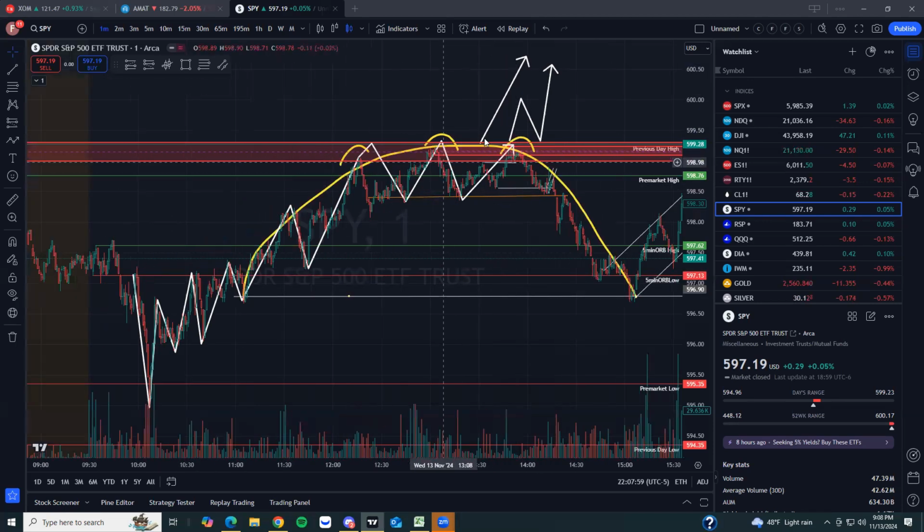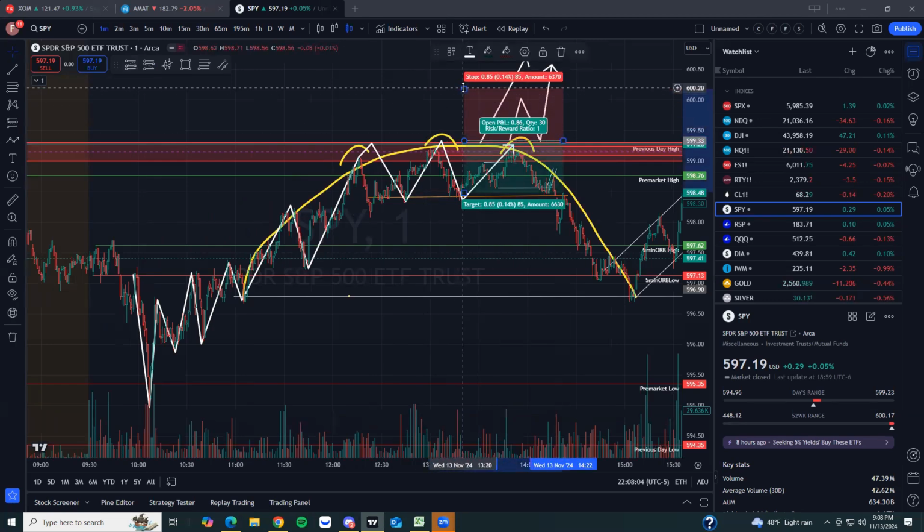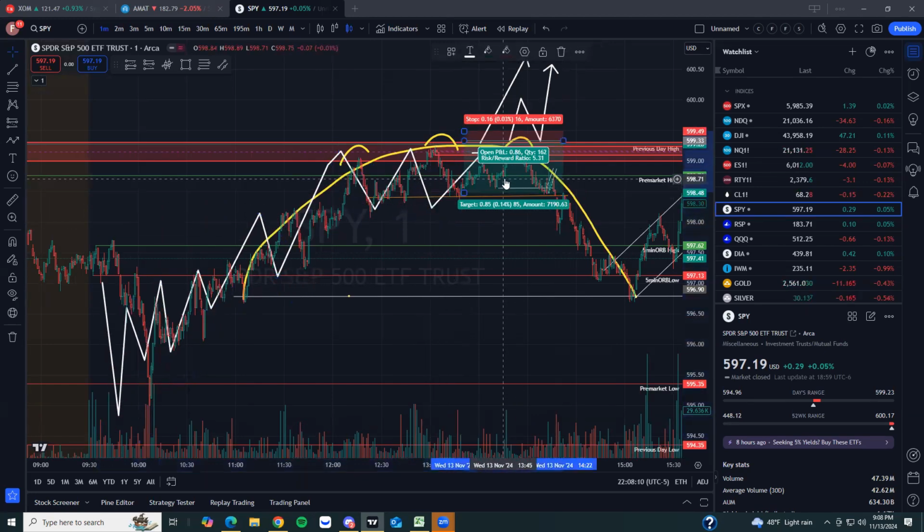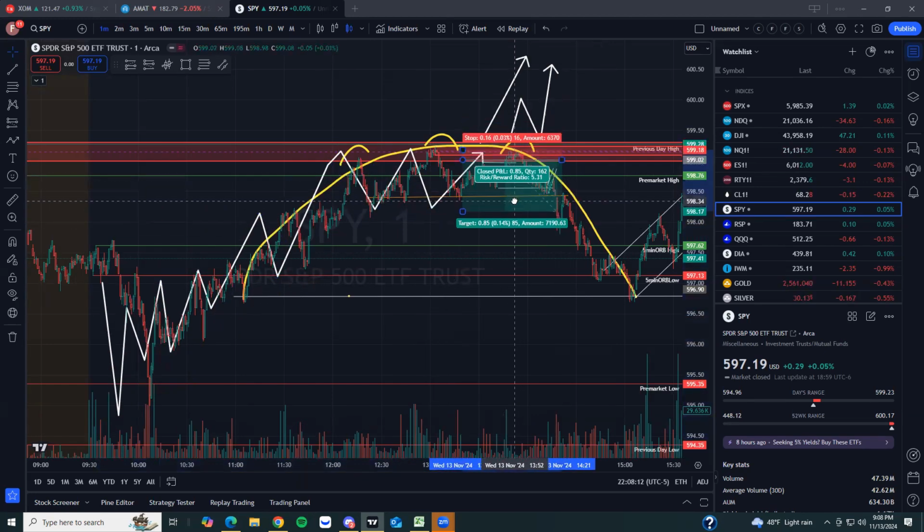Why is that? Remember what I told you earlier about liquidity? You got all these guys sitting here with shorts, right? That's what makes that area a supply zone or resistance, right? You got a bunch of people sitting here with their stops in here going short.